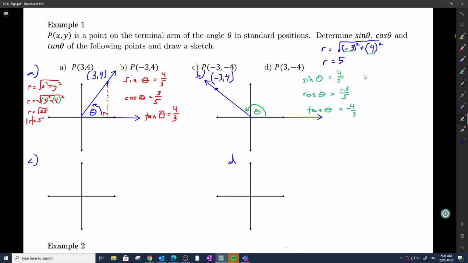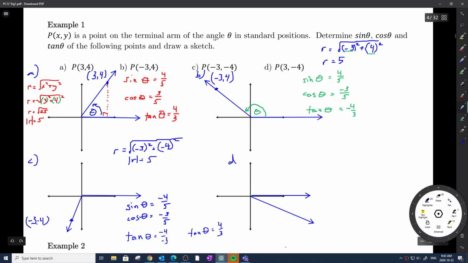All right, C and D. I think that we're getting a groove, so I'll let you do it. There we have it. My radius vector is 5. My point is -3, -4. Since the x and y are both negative, this is going to be in quadrant number 3. Let's proceed to finding sine, cosine, and tangent. Those are my results that I get. So what does theta look like? Theta is measured from the initial arm to the terminal arm.